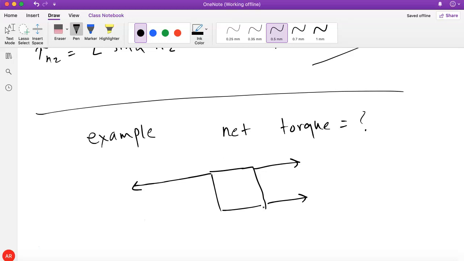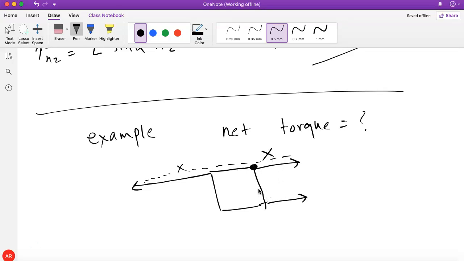If I pick the axis anywhere on this line, where both of those forces are through that, say this point, the arm of rotation will be 0, because if you draw a perpendicular line from the axis of rotation to the line along the forces, you have a 0 distance. So these two forces do not contribute to the net torque around this axis, or any other axis you pick on this line.